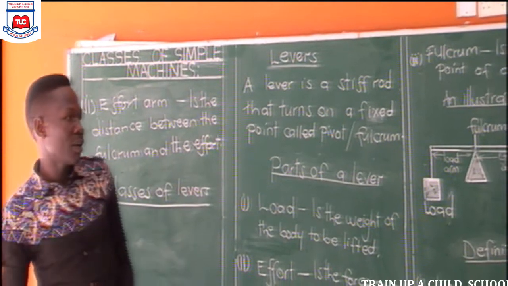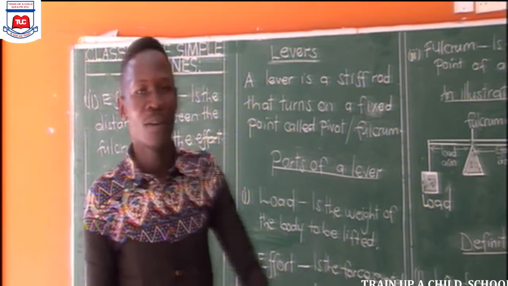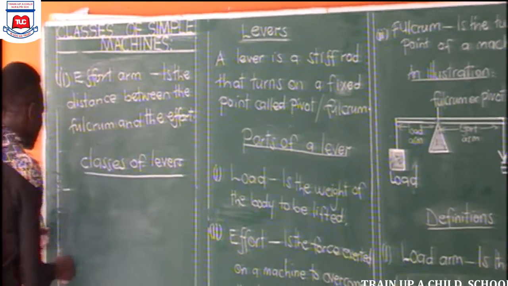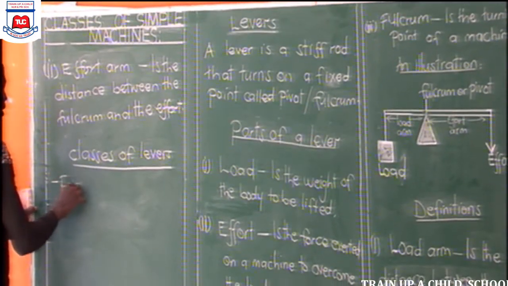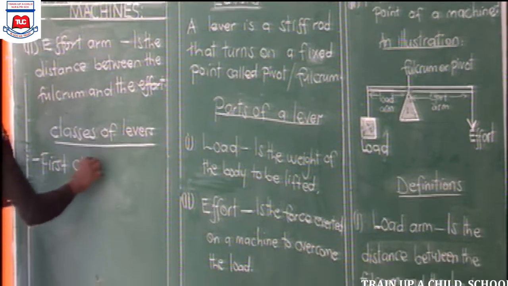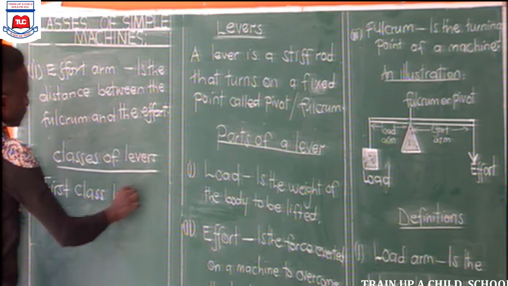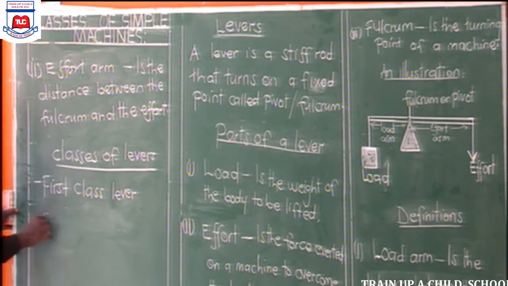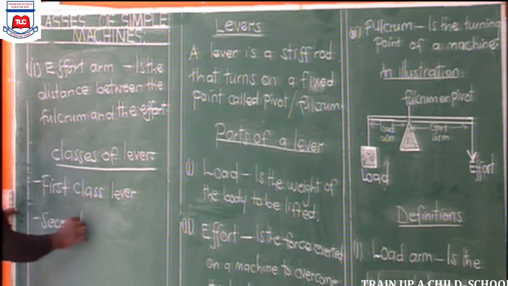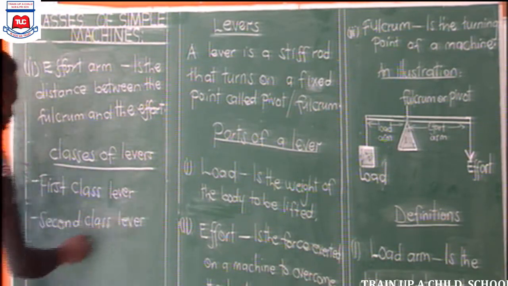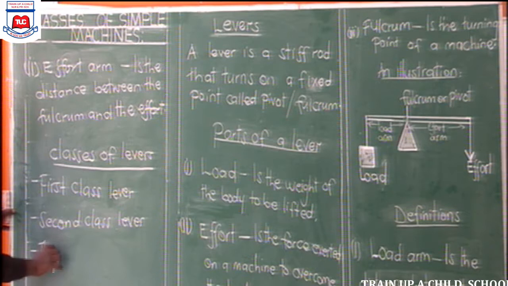Basically, when you're looking at the classes of levers, there are only 3 classes of levers. These include the first class lever, the second class lever, and lastly, the third class lever.